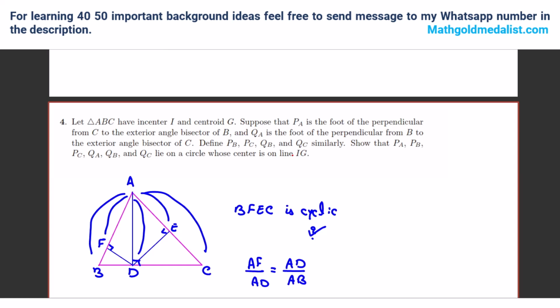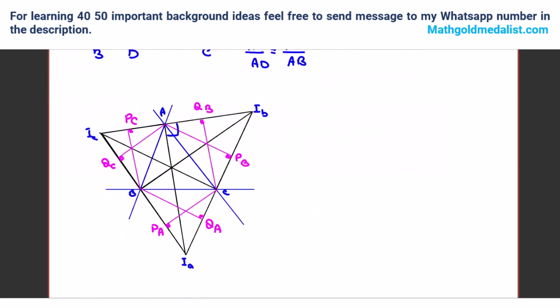Okay, so let me tell you a hint for this one. For proving this, one bad thing is that these are not good points, for example, to draw angles. I, G, and the center of this circle.